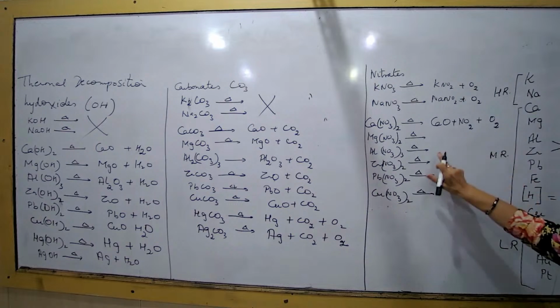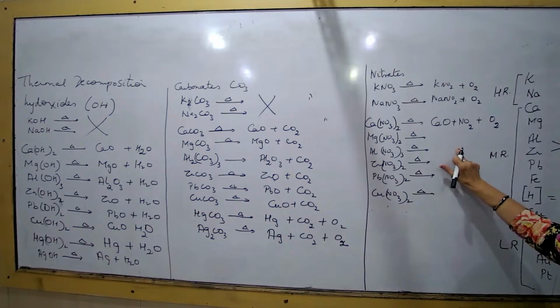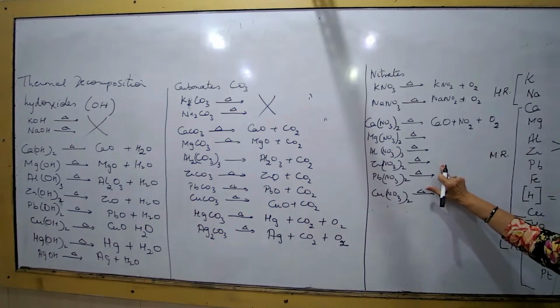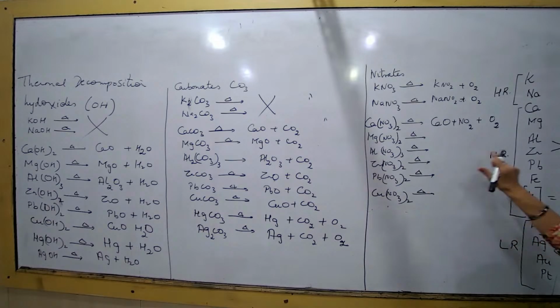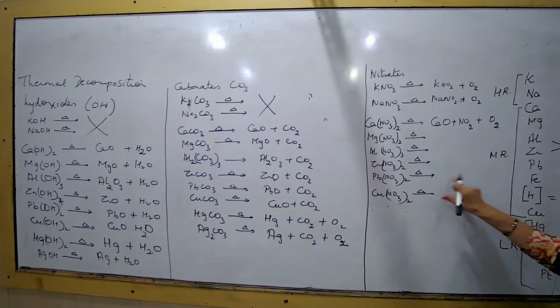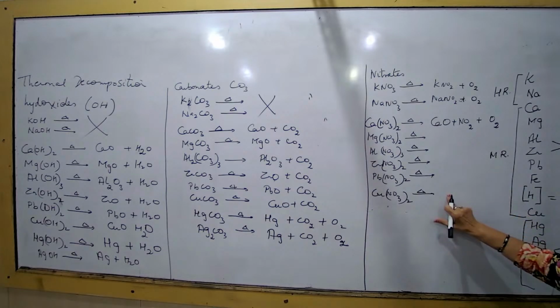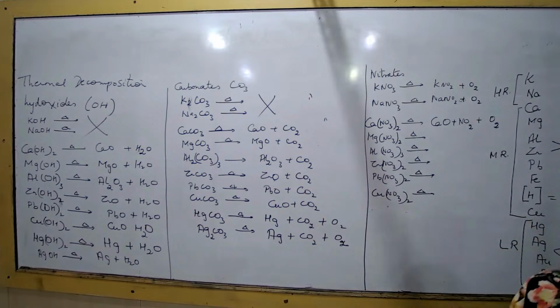Then what will you get here? Al2O3, plus NO2 plus oxygen. ZnO plus NO2 plus oxygen. PbO plus NO2 plus oxygen. Copper nitrate gives CuO plus NO2 plus oxygen.